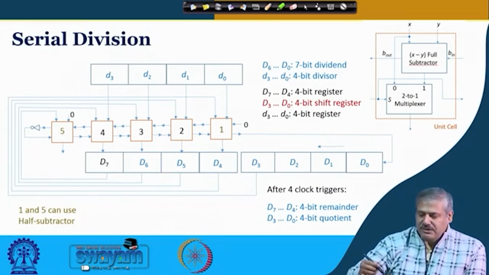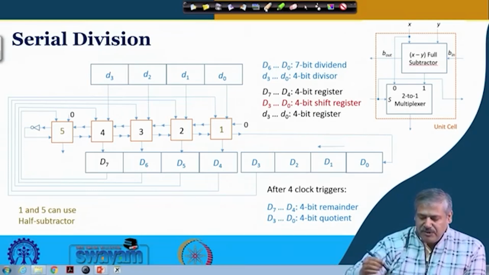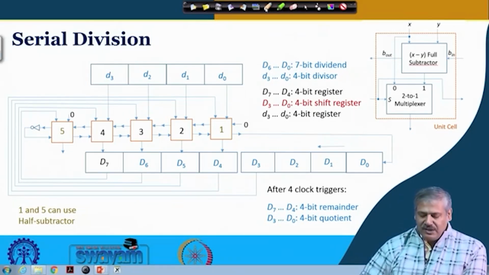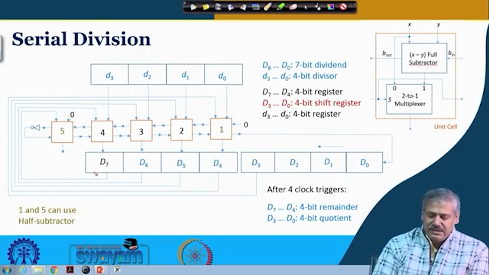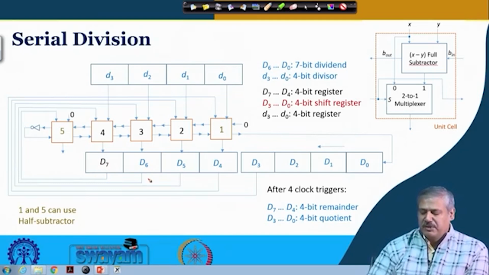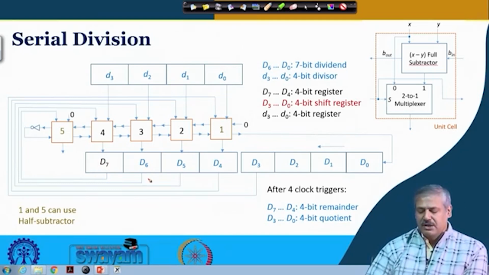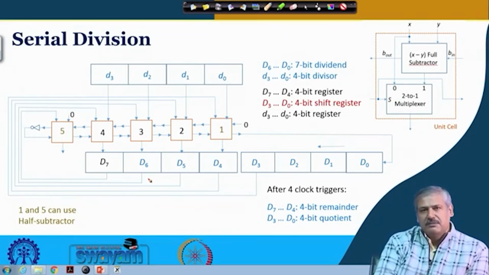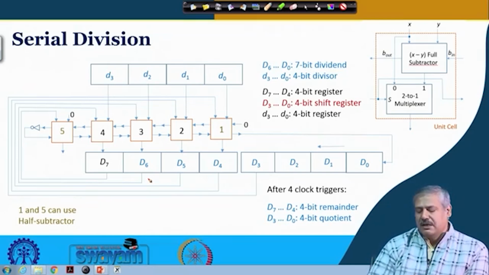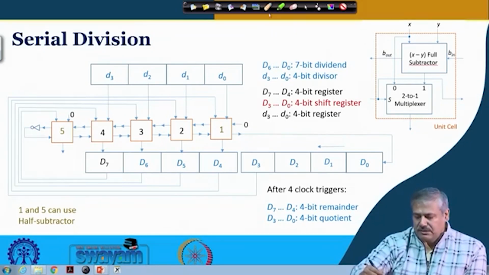Okay. So, first of all, you can see this D0 to D6 that was there. In addition, there is another bit we have put. So, it is an 8 bit register, okay. Out of this 8-bit, basically we are dividing into a 4-bit parallel in parallel out kind of register, and another is a 4-bit shift register.